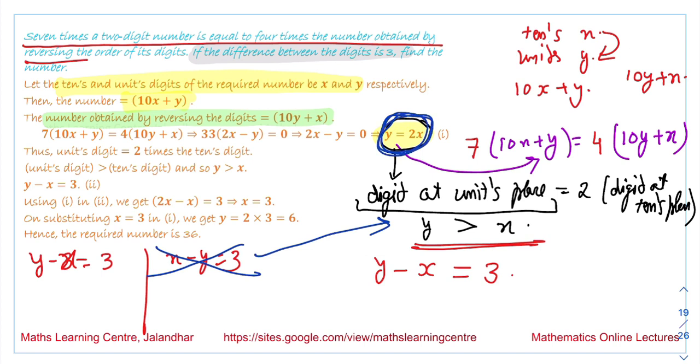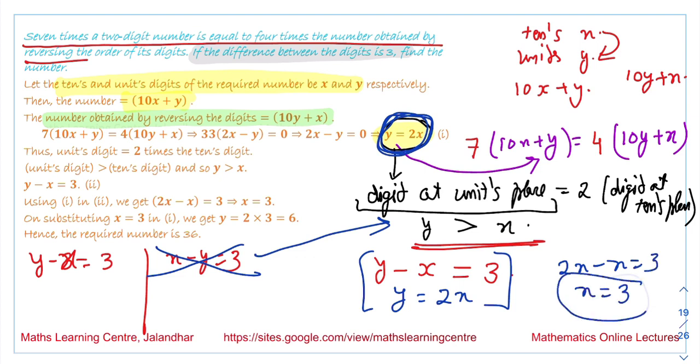So we have y minus x is equal to 3, and the second equation is y is equal to 2x. When we solve these, we will get 2x minus x is equal to 3. So x is equal to 3 and y is equal to 6.